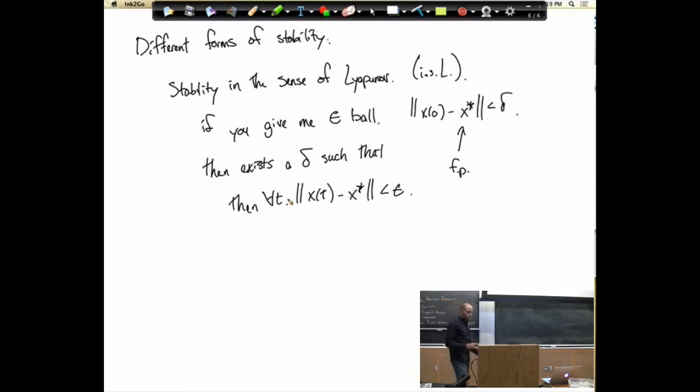Okay, so the criteria is, I want to stay epsilon close to this for all time. You should be able to choose an initial condition that's not the fixed point, but somehow close to the fixed point, that if I start there, inside here, I'll always stay. I'll never go more than epsilon away from that fixed point.